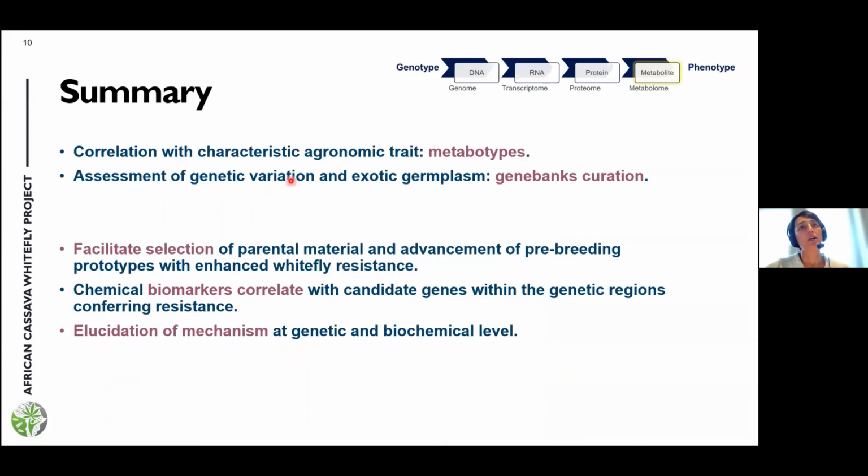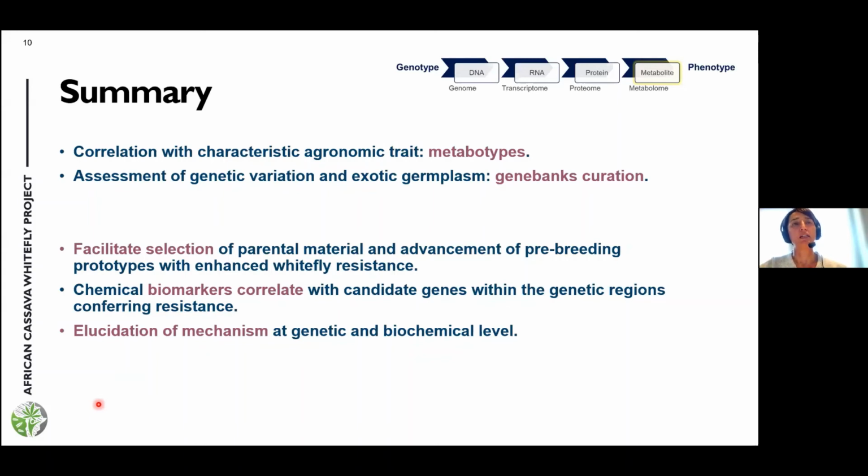So in summary, we have seen how the analysis of small molecules correlates well with the phenotypic traits, and how the technology can be used for complementing the assessment of the genetic variation in the gene bank collections. Within the Wildfly project, the analysis of the metabolome complements the decision making process of selecting the adequate material for breeding.